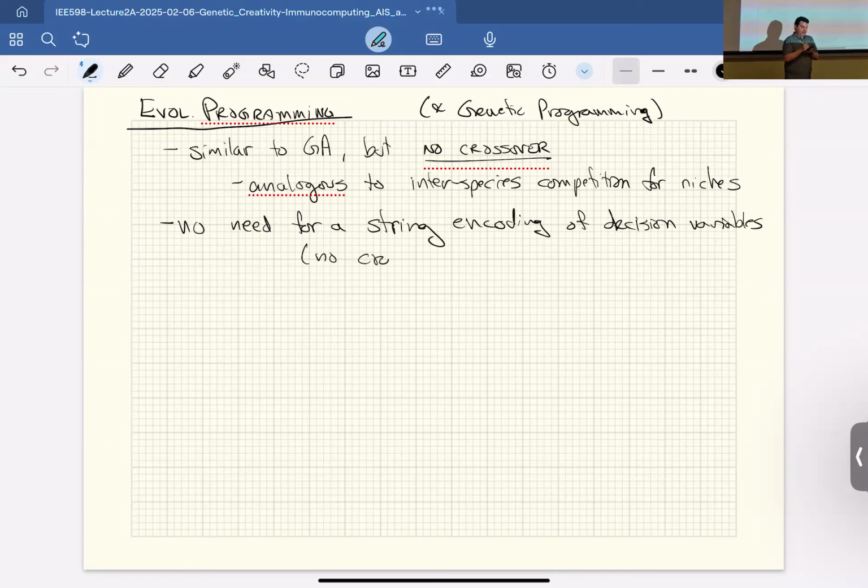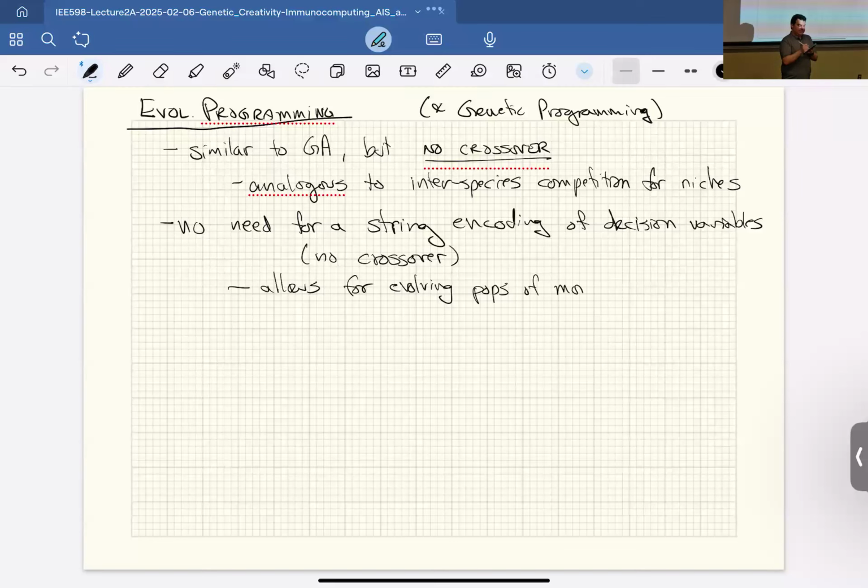We don't ever have to line them up next to each other. So it allows for evolving populations of more complex structures, so long as you have a mutation operator.